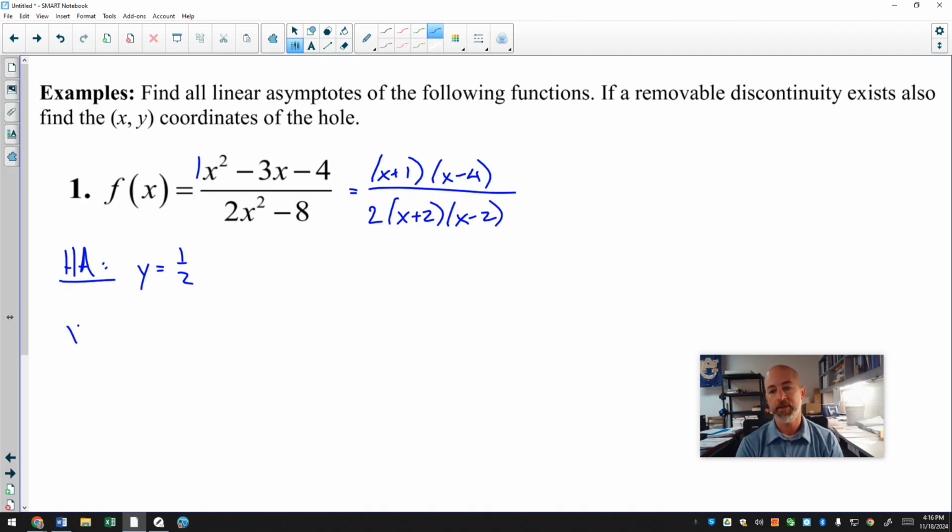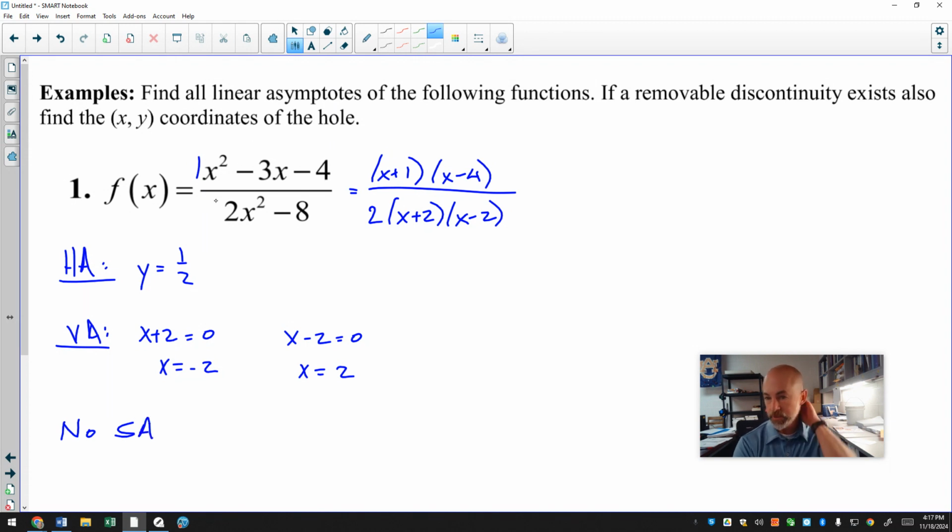And so for my vertical asymptotes, we set each of those factors equal to 0. So we need x plus 2 to equal 0. So we have one vertical asymptote at x equals -2. Set x minus 2 equal to 0. And we have our other vertical asymptote at x equals 2, and there is no slant asymptote.